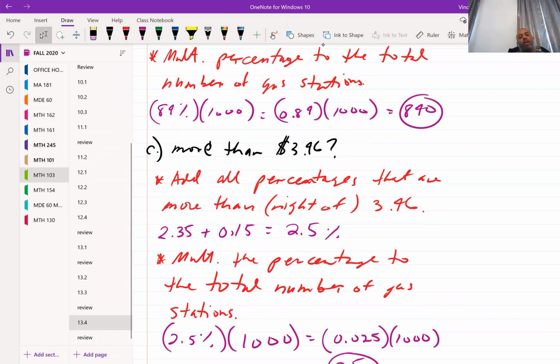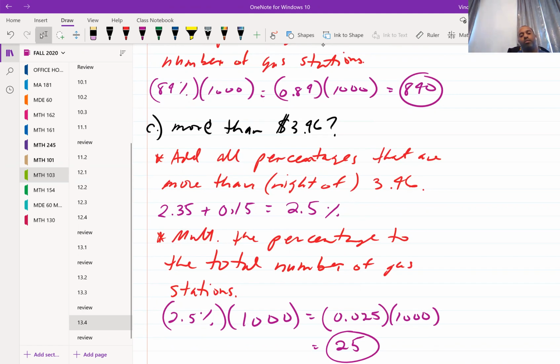So 2.35 plus 0.15 is 2.5%. And once again, we multiply that percentage by the total number of gas stations, which was 1,000.